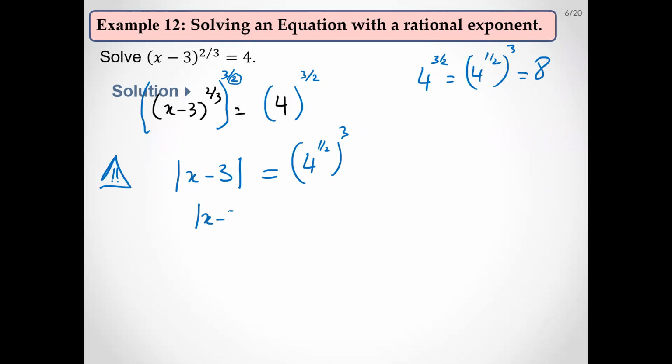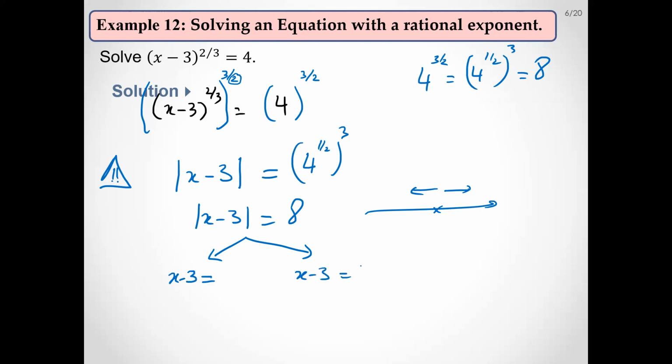So we get the absolute value of x minus 3 equals 8. So, an absolute value equation. We said in absolute value we can move left or right. So removing the absolute value gives two directions, left or right, plus 8 or minus 8, and that gives minus 5 or 11. So the solution set is minus 5 or 11.